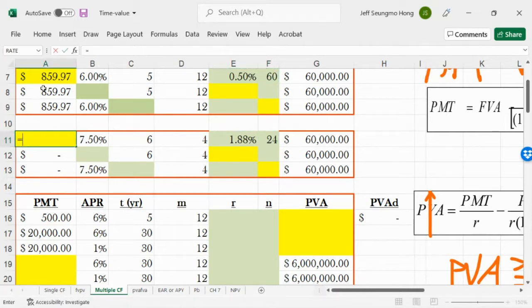Now we're ready. I can copy this and paste it there, but just to practice our formula: FVA times R divided by, open parenthesis, open another one, 1 plus R raised to n, minus 1, close parenthesis. And hit enter.